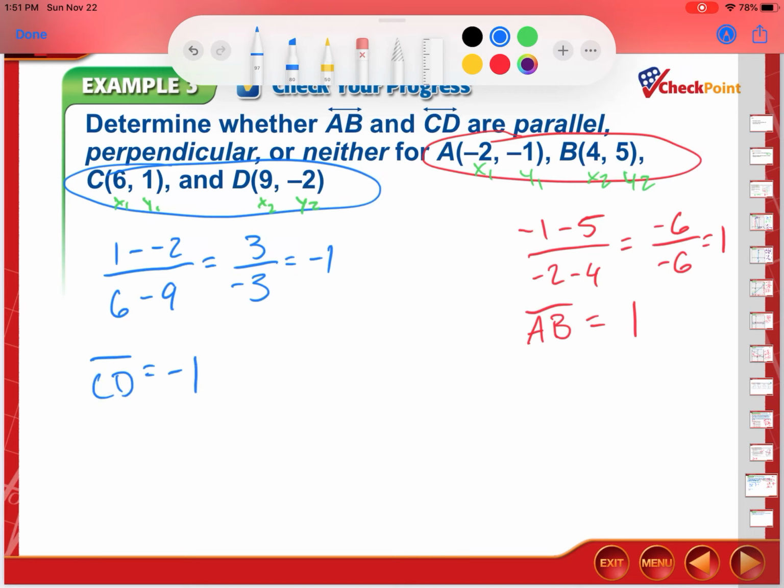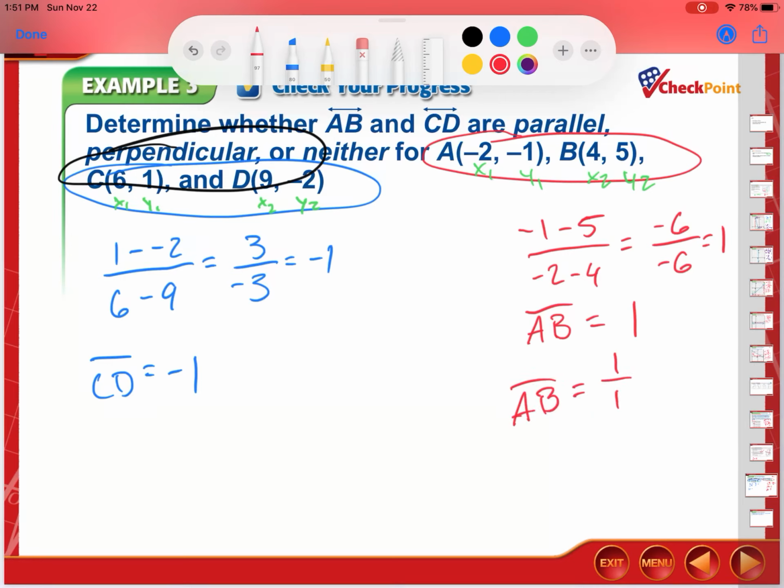So our slope for line CD equals -1. Okay, so looking at these two slopes, they are perpendicular because they are flipped and opposite.